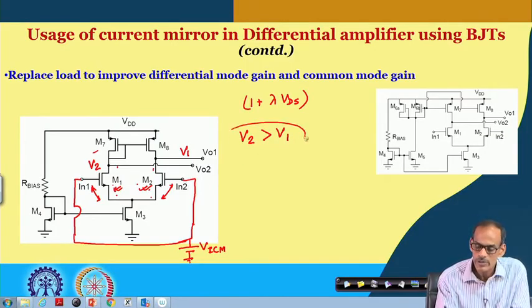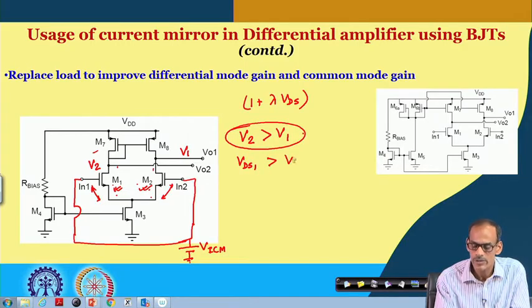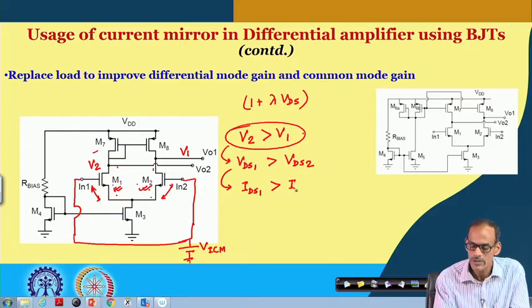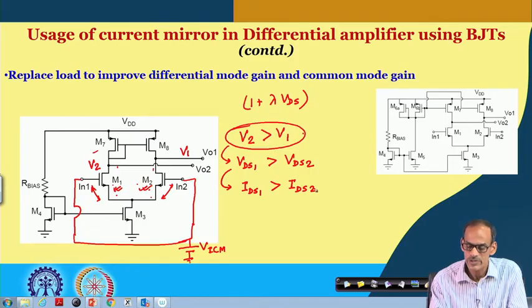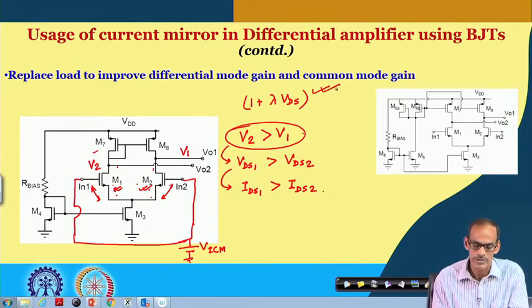So, if V2 is higher than V1, it means that VDS of transistor 1 is higher than VDS of transistor 2, and that gives us IDS of transistor 1 higher than IDS of transistor 2, and this difference is primarily due to the 1 plus lambda VDS.